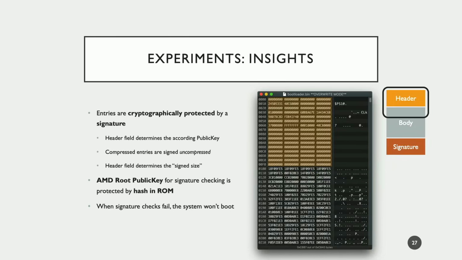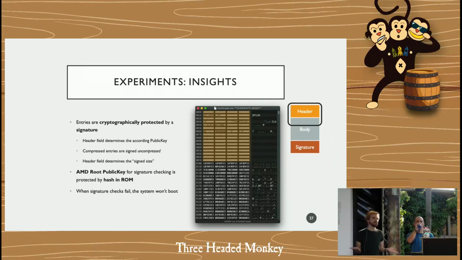Compressed entries are actually uncompressed first, and only then they are signature checked. And there's a header field that determines the exact size. As we also found out, the AMD root public key does not have a signature. But when we would try to alter this one, the system wouldn't boot anymore. So we assume there's maybe a hash of the root key in read-only memory.